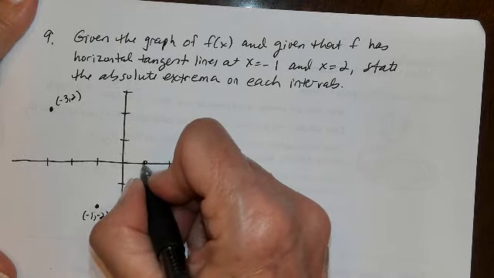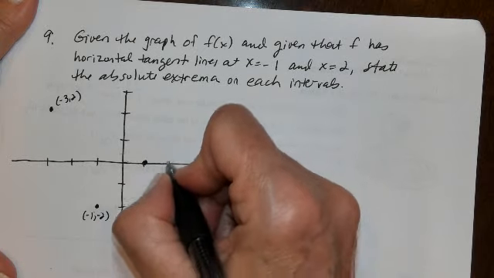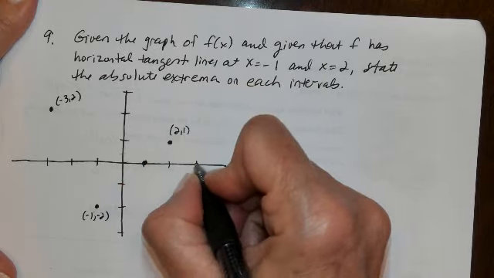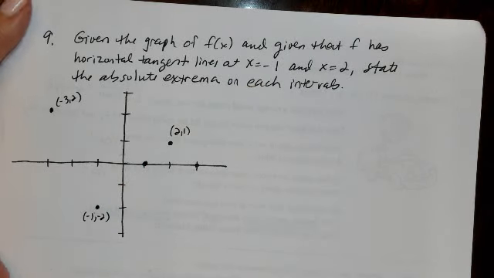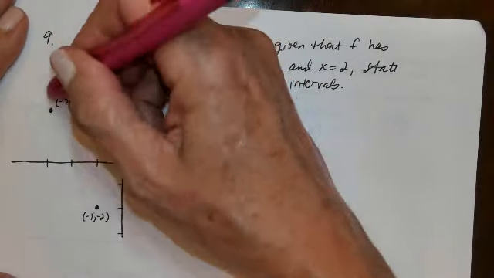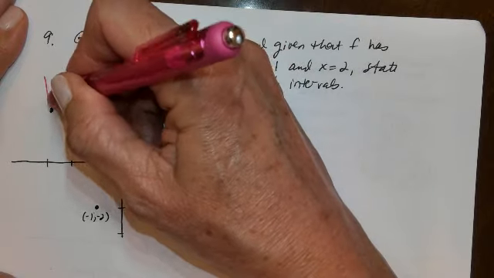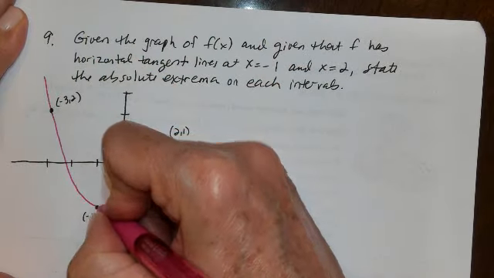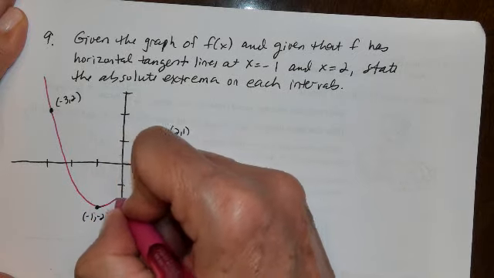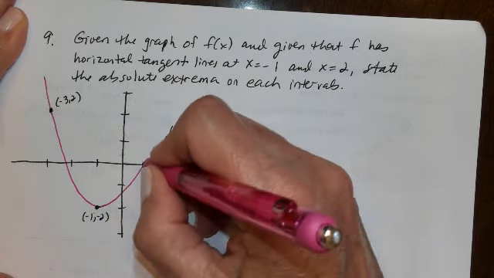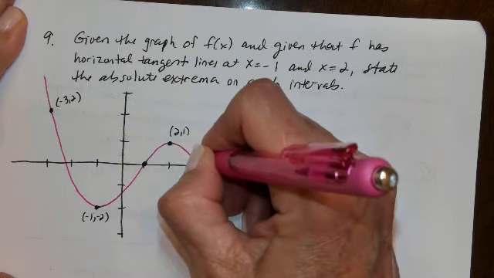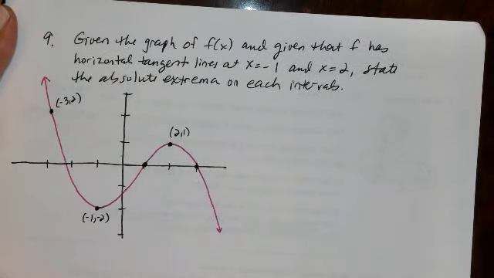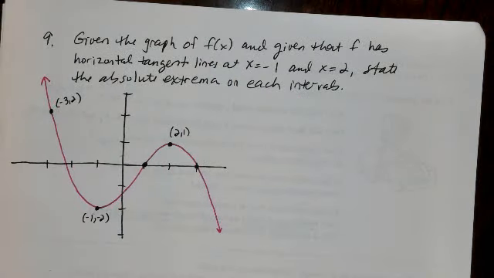I want to go through 1, 0, and then here I want to go up to 2, 1, and then I want to come back through 3. So let's see if I can make it through all these and make it a nice smoothish curve. Okay, I've done worse.